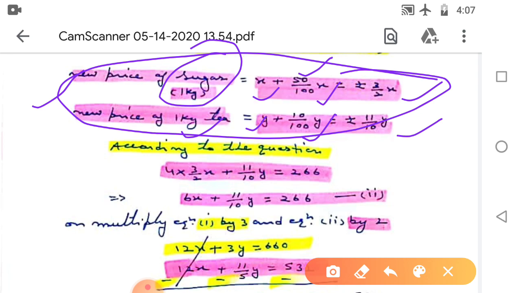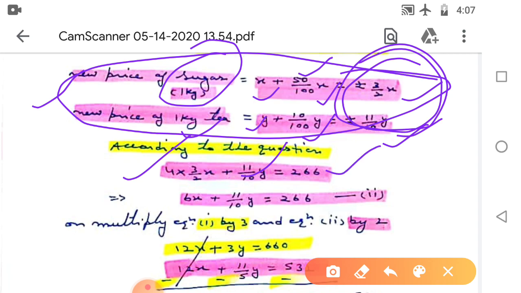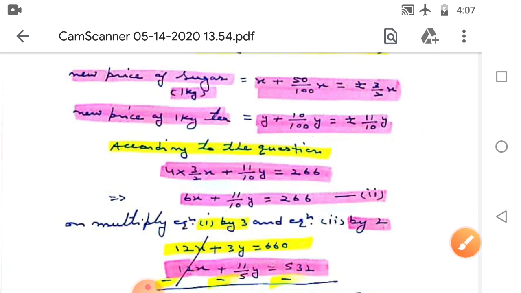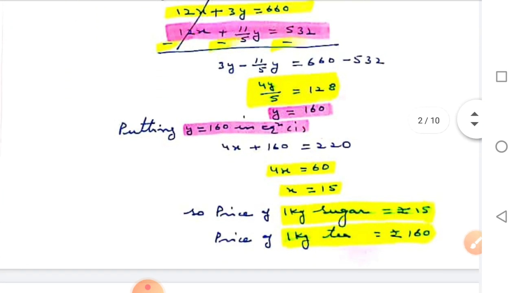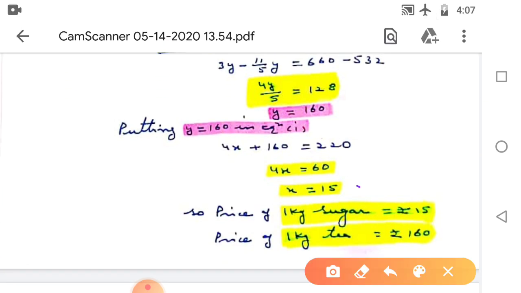It becomes 11 upon 10y. Right? This is important. Now 4 kilogram of sugar, 1 kilogram of tea, total cost 266. Now you have two equations, solve them and get the answer. That is, 1 kilogram of sugar costs 15 rupees and 1 kilogram of tea costs 160 rupees.